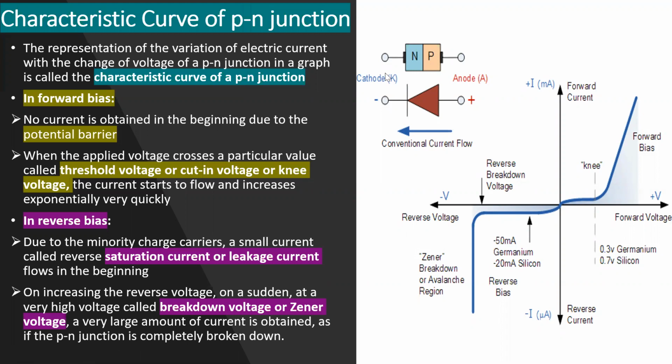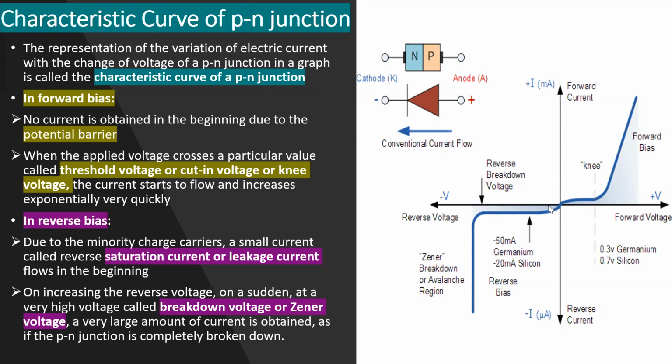But when the potential applied is more than a particular value called the knee value, threshold value, or cut-in voltage, then what happens? The current steadily increases. So the current increases very quickly in the forward voltage, or we can say that the diode conducts after the cut-in voltage or after the threshold voltage.